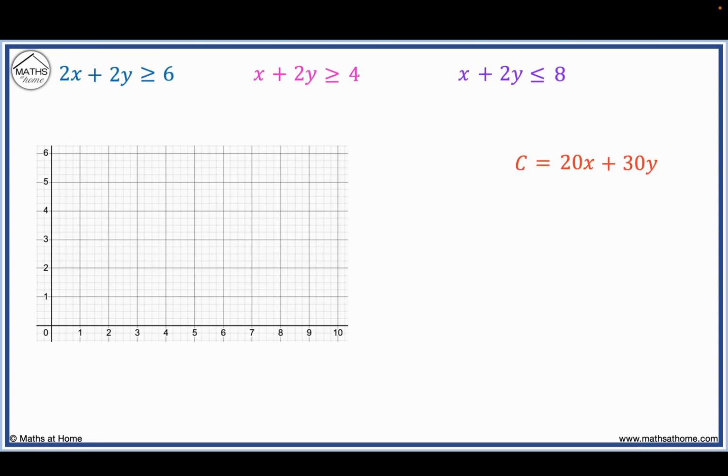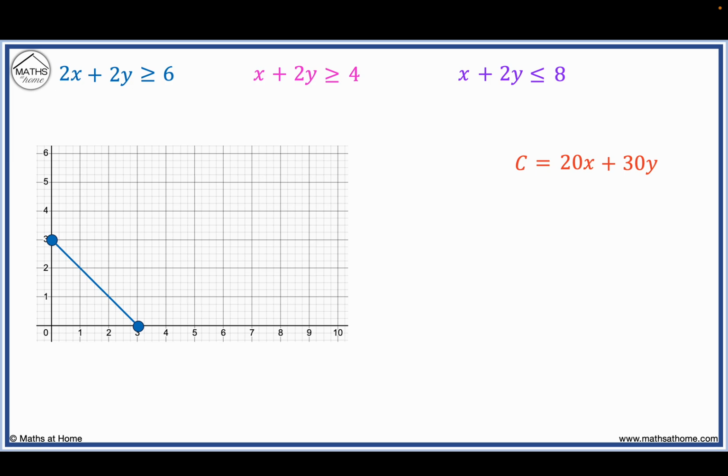We now graph the constraint equations. We will do this by dividing the final number in each equation by the coefficients of x and y to find the x and y intercepts, respectively. So we have 6 divided by 2 equals 3, and 6 divided by 2 equals 3. We then connect these points.